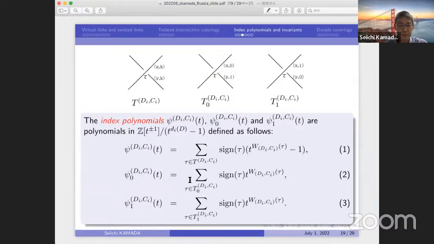And Psi0 is a summation over all self-crossings of this type, of the sign and t to the weight. And Psi1 is a summation over all crossings of this type, of sign tau and t to the W. So if you know the index polynomial of virtual knots, you see polynomials in this form. It is an analogy of the index polynomial of virtual rings.